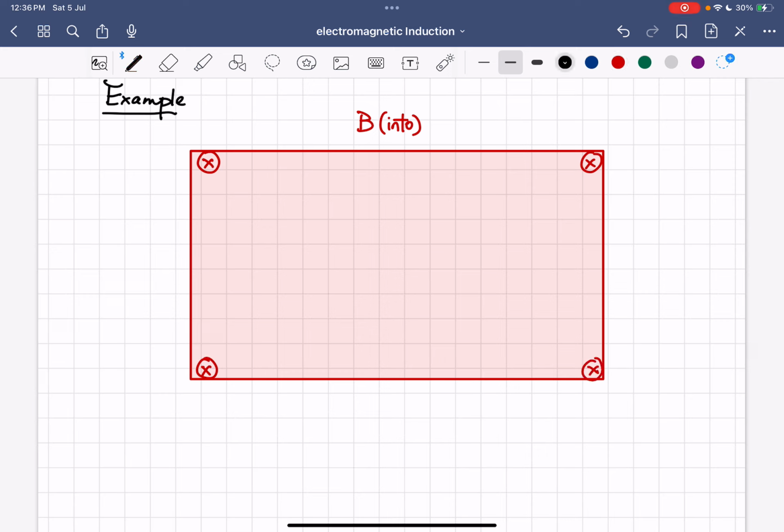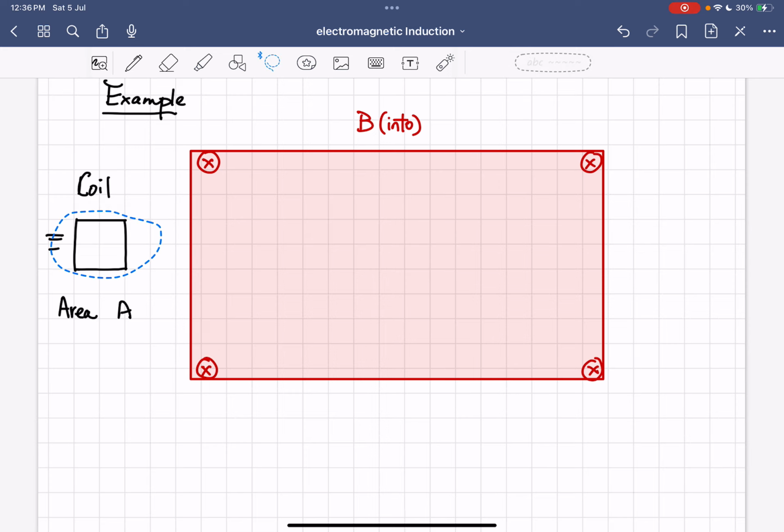And then I have a coil, and this coil is entering the region. I call it coil A, and the area of the coil is A. This coil is moving towards this region of magnetic field.